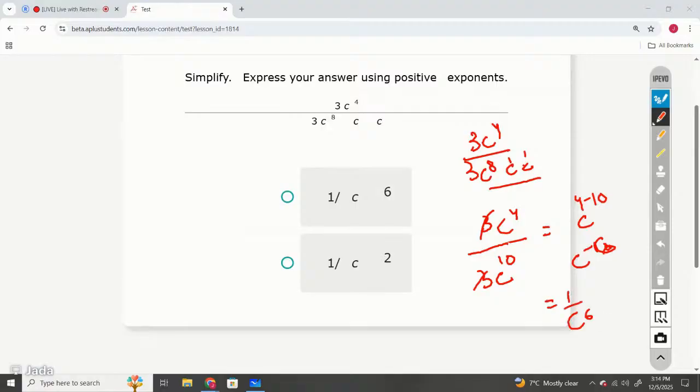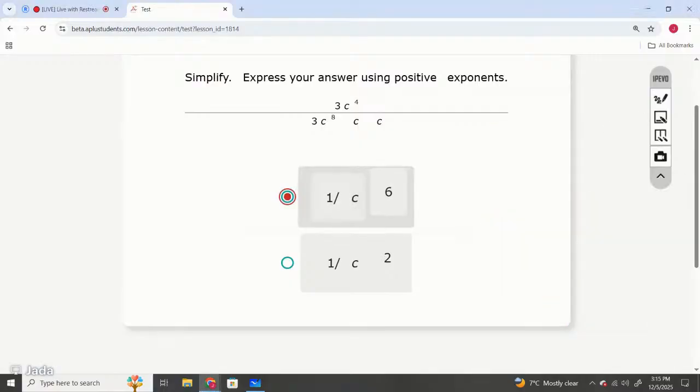So you can write it in the denominator to make the exponent positive. So that is 1 over c6.